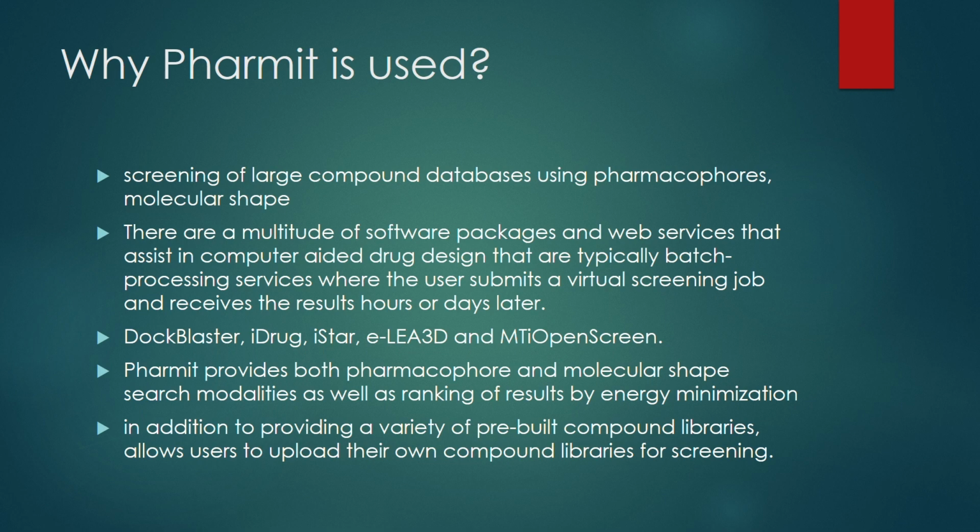In addition to providing a variety of pre-built compound libraries, Pharmit allows users to upload their own compound libraries for screening. Pharmit has its pre-built compound libraries, but it also enables the user to upload their own compound library for the screening process. Next, we can go through a practical work.